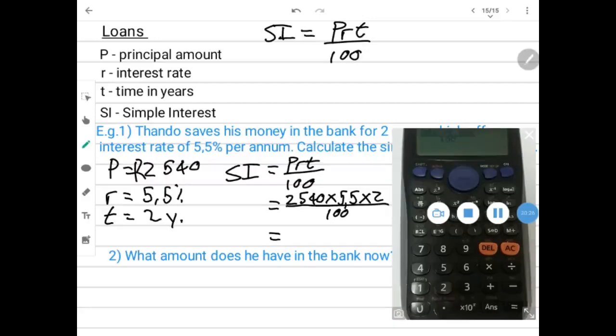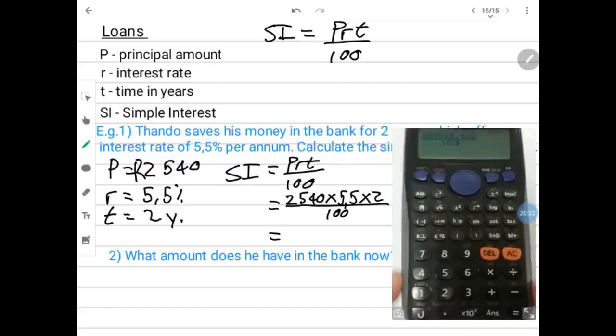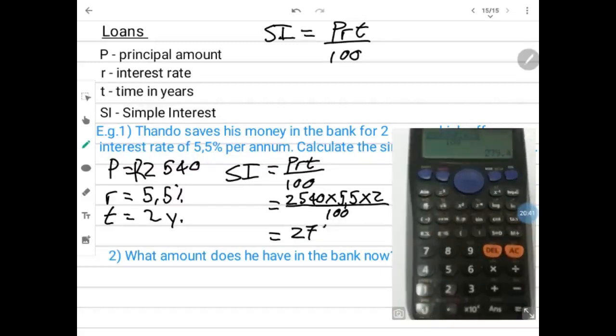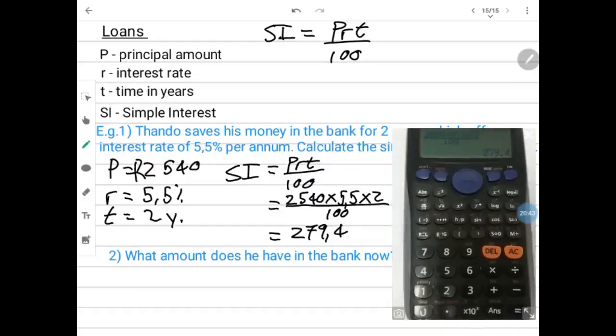So you just type it as it is, as you've written it down. And then equals, we have 279.4. This is the amount of interest. That's only the interest.